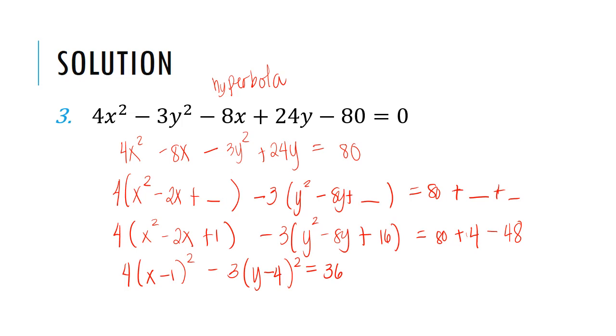For the standard form, the right side should be 1, so I'll divide again by 36.